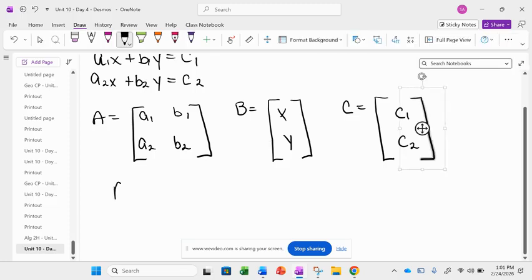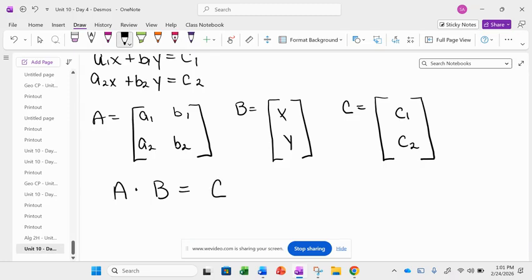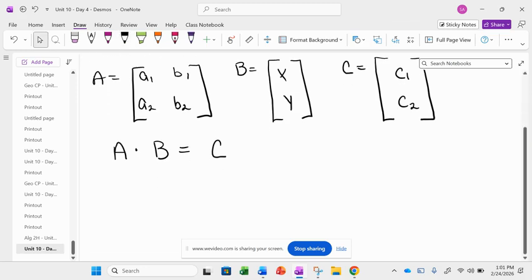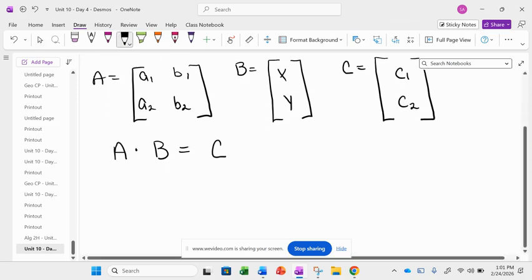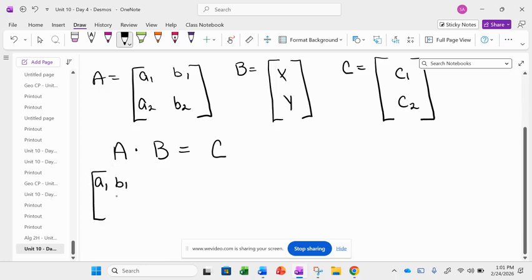Now I can do matrix A times matrix B equals C to get the system back to how it originally looked. What does that look like? So that would look like A1, B1, A2, B2.